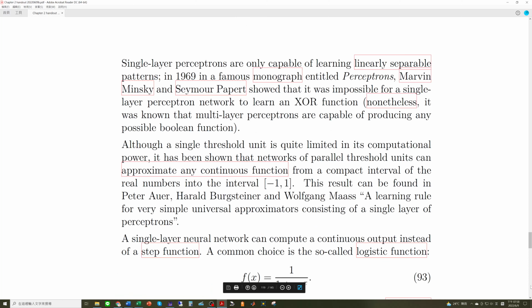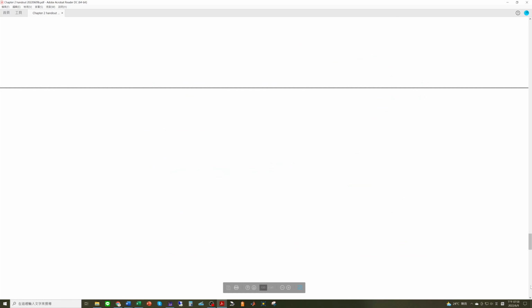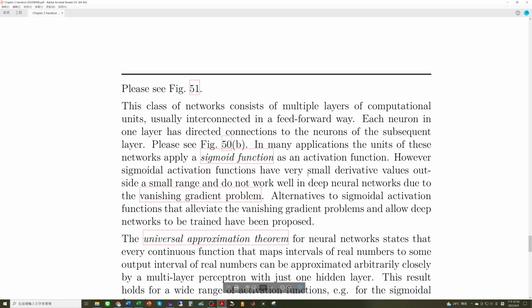So let us go back to figure 50b. In many applications, the units of these networks apply a sigmoid function. What is a sigmoid function? We have explained it before.